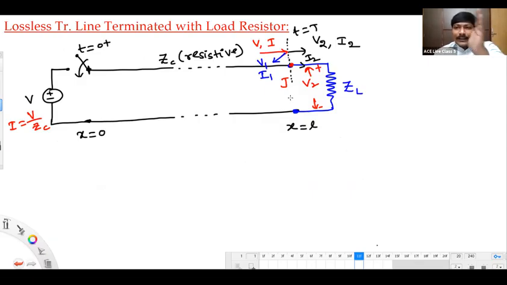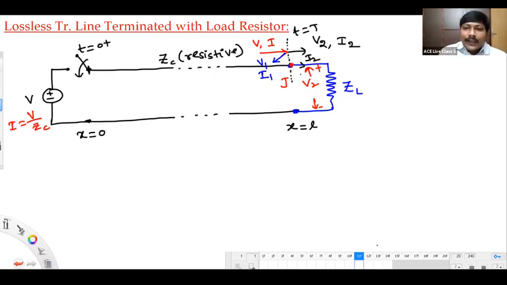after the waves reach the end of the line, after the voltage and currents reach the end of the line, these waves are not going to face any change in the propagation medium. As there is no change in the propagation medium, there is no change in the voltage and currents to be experienced.